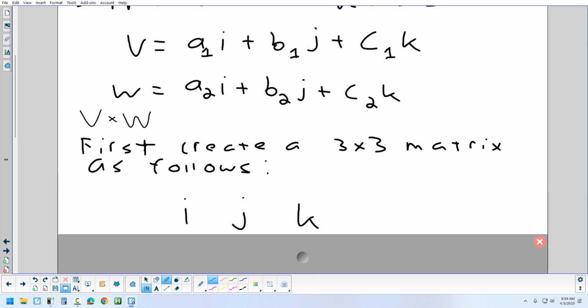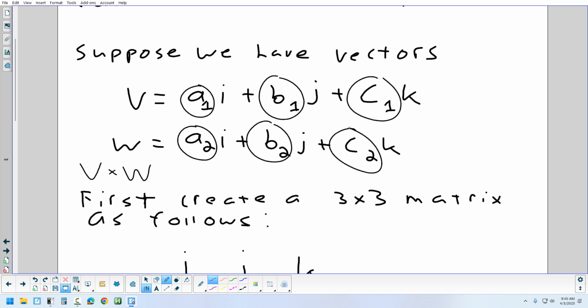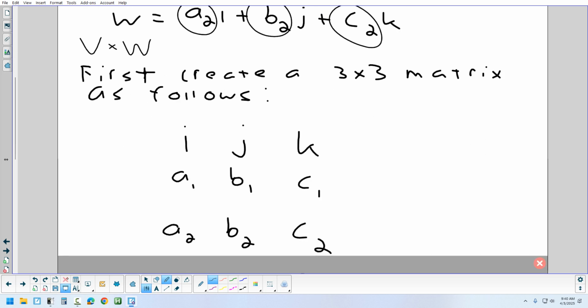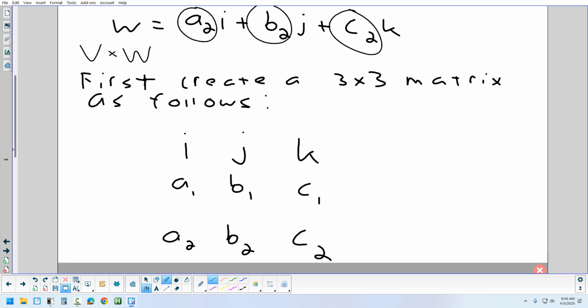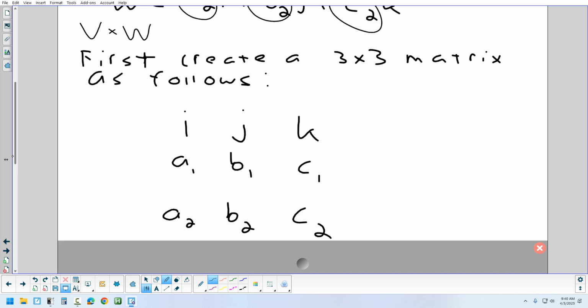In the top row, we're just going to put an I, a J, and a K. Those stand for the unit vectors I, J, and K. In the second row, you write down the numbers in front of I, J, and K for V. And in the third row, you write down the numbers in front of I, J, and K again for W. So A1, B1, C1 goes in row 2, and A2, B2, C2 goes in the last row. Any questions on what we've set up so far?